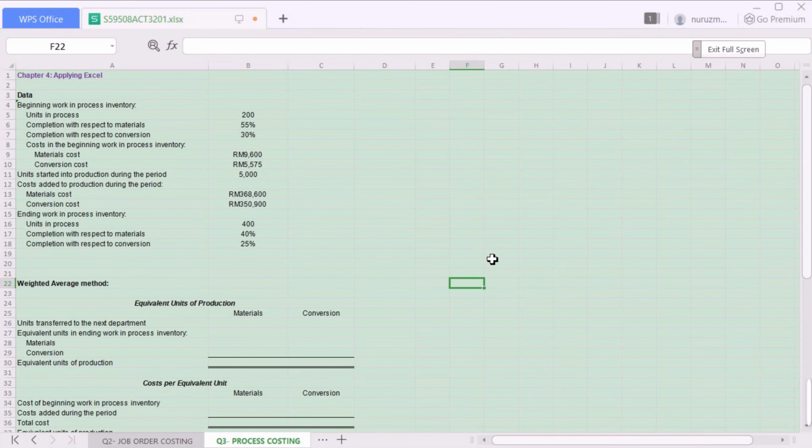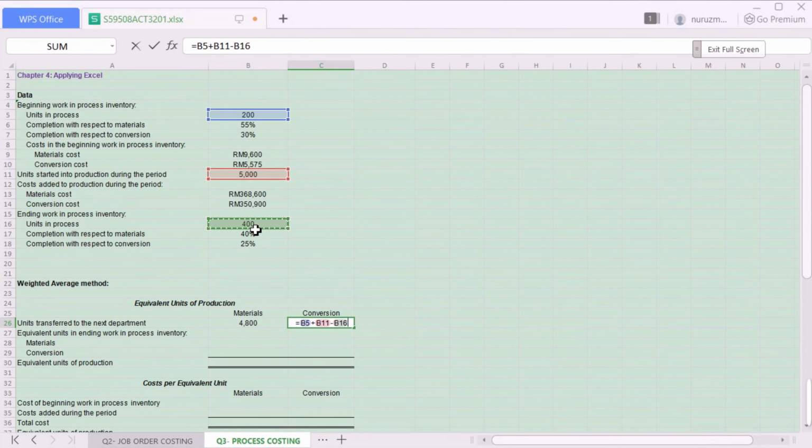Question 3. Process costing. By using weighted average method, first, equivalent units of production. Units transferred to the next department for materials is beginning units in process 200 plus units started into production during the period 5,000 minus ending units in process 400 equals 4,800. Same goes with conversion, 200 plus 5,000 minus 400.